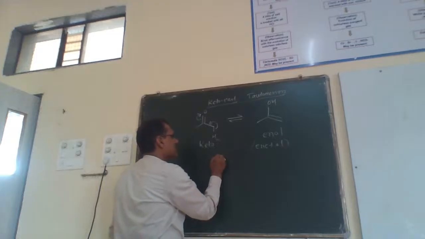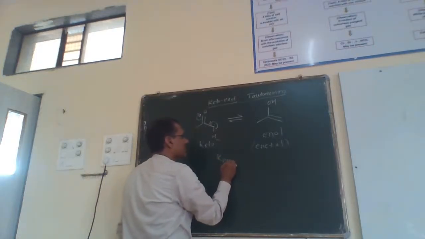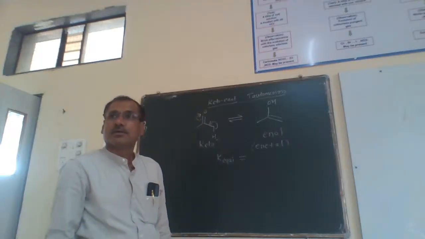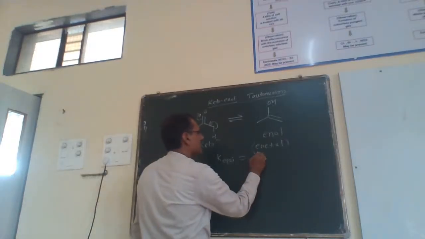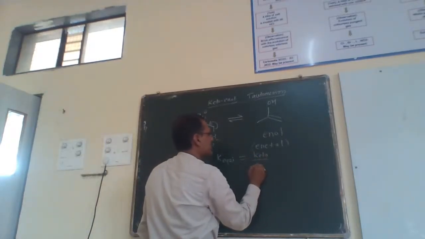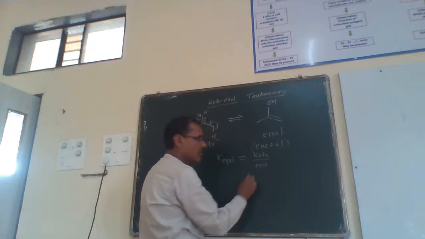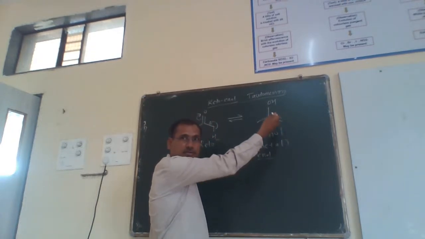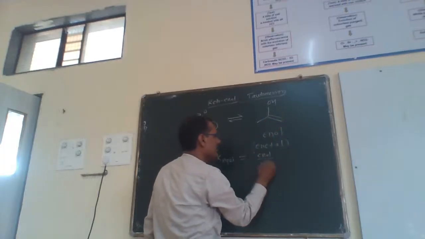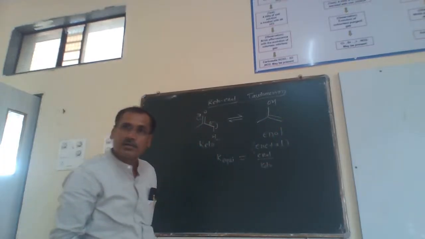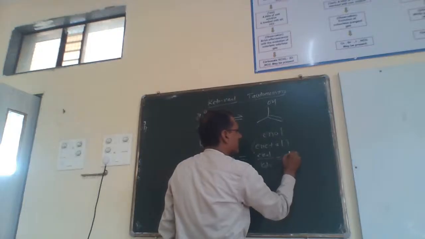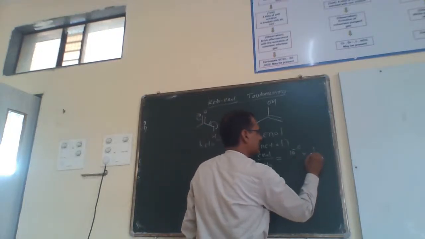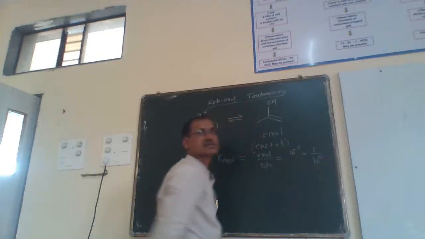This is determined by the value of what is called the equilibrium constant K. If I write it as enol upon keto, we generally write product in the numerator and reactant in the denominator. The value of this will come out to be 10 raised to the power minus 6. It means it is 1 upon 10 to the power 6.